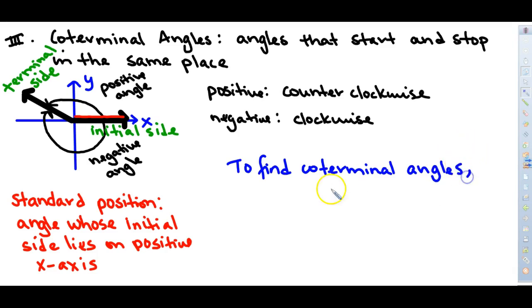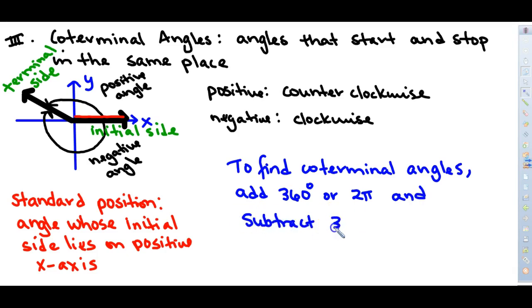To find your coterminal angles, you're simply going to add 360 if your angle is in degrees, or 2 pi if it's in radians, and you will also subtract 360 or 2 pi to get your negative coterminal angles.